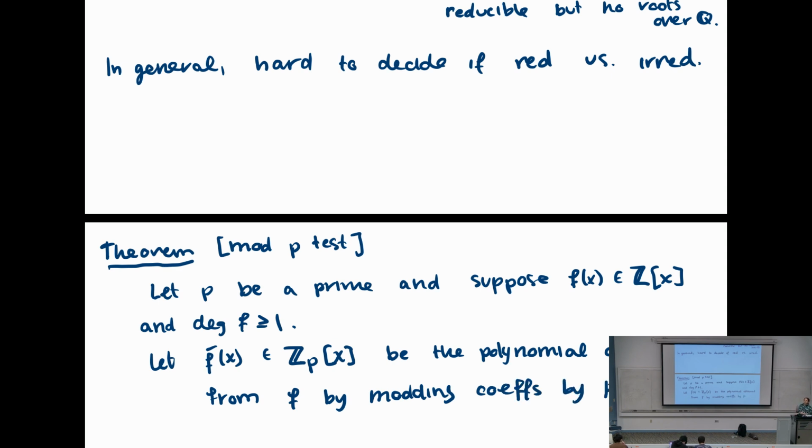Okay, does it make sense? So you just take your polynomial f and you look at each coefficient and mod by p, and that gives you the polynomial f bar.